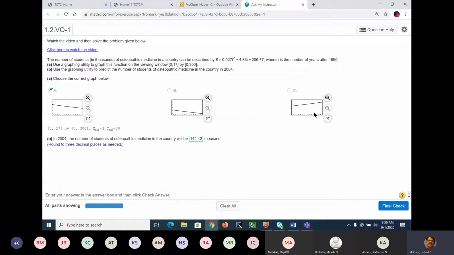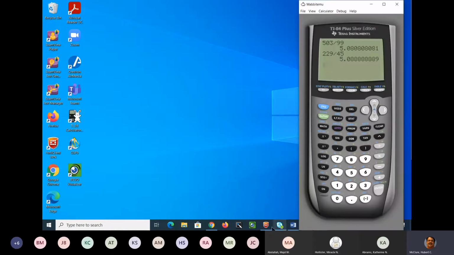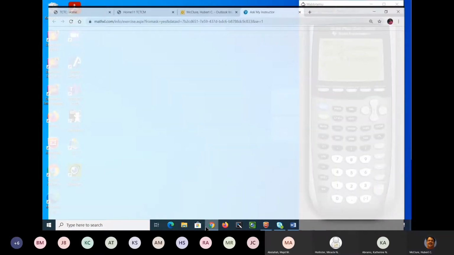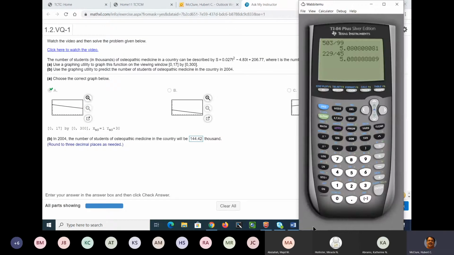Mainly put this in your calculator. Just in case somebody wasn't here, I'm going to go over it quickly. Let's pull up the calculator and the question. There we go, and I'm just going to type it in. I may still have it in there. Y is equal, nope, to 0.0.